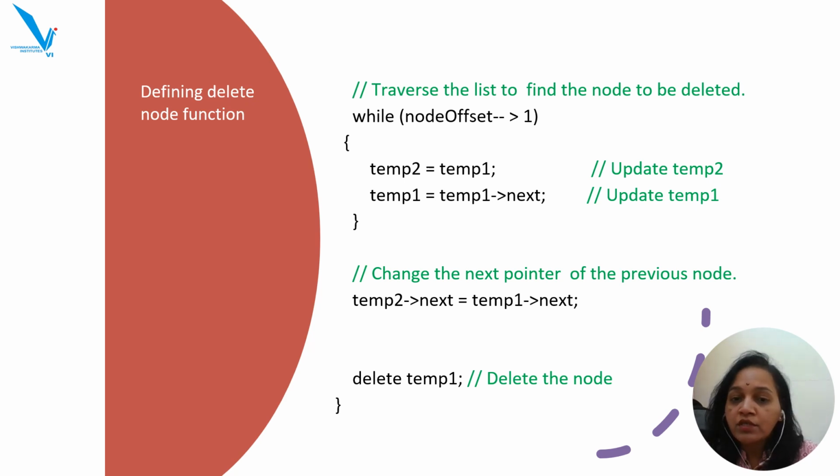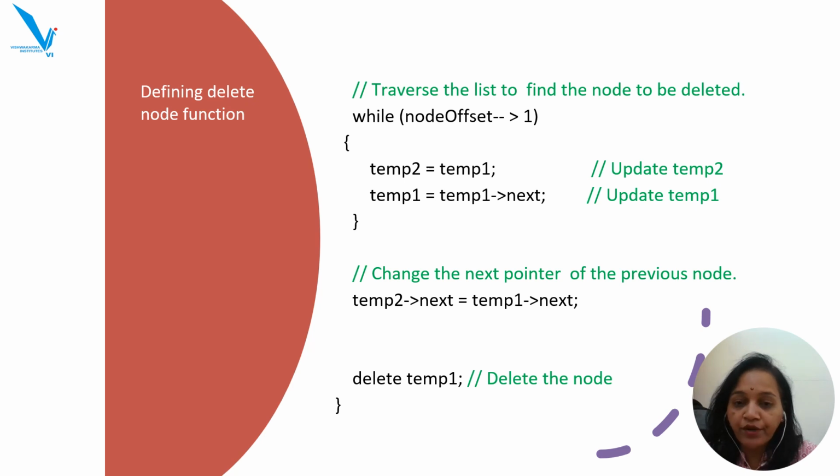You have to search the node which you want to delete. तो ये आपको search operation करना है. कब तक? जब तक node offset minus minus 1 greater than or equal to 1 नहीं होता है, तब तक क्या करना है? temp2 में temp1 को डालना है and temp1 is equal to temp1 of next करना है, traverse करना है.